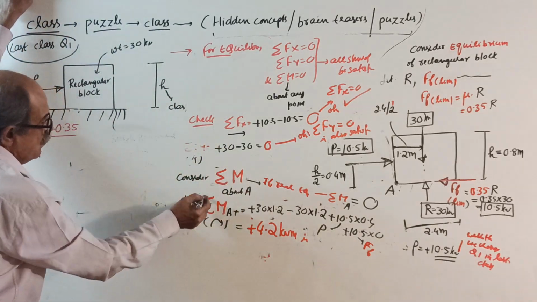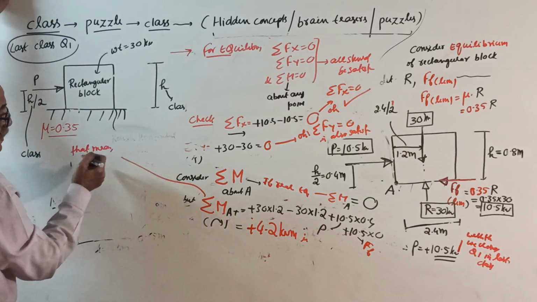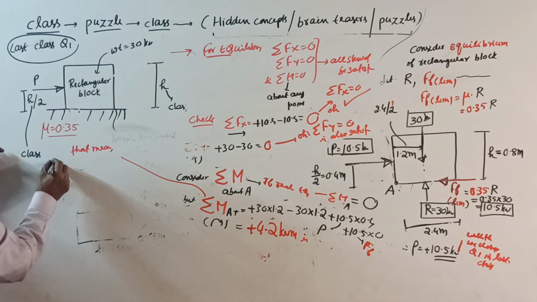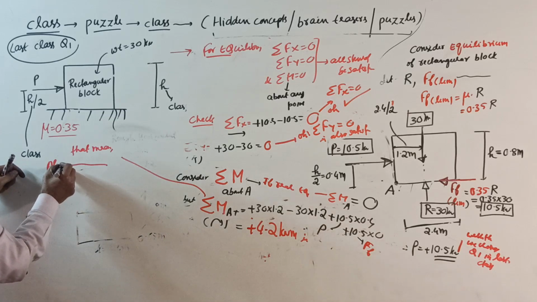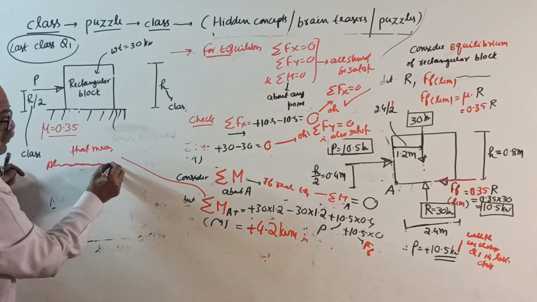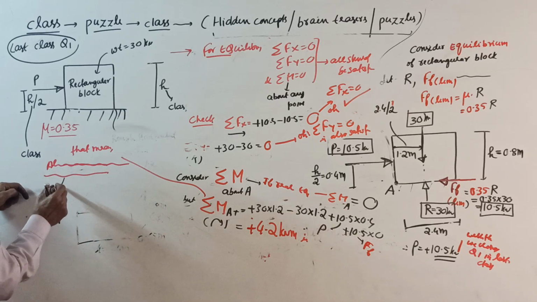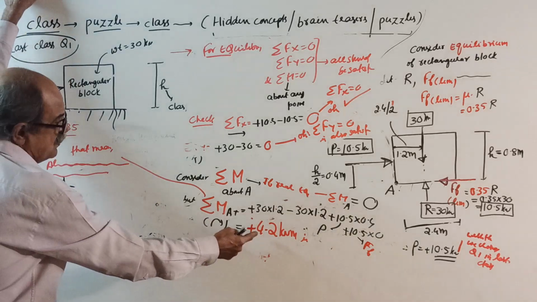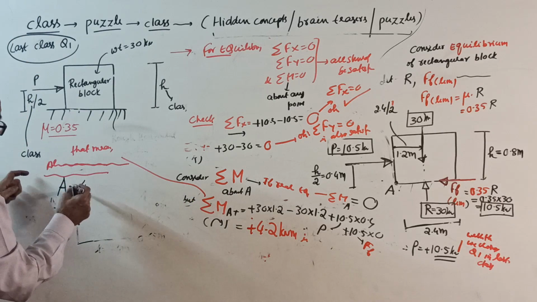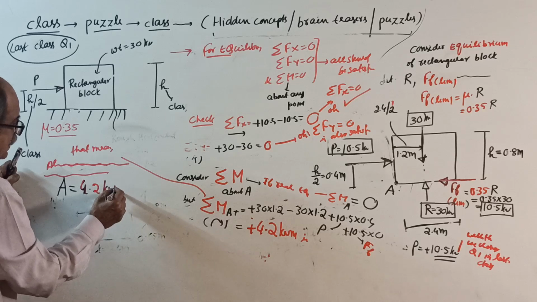That means the algebraic sum of moment of the entire force system about any point, we took point A, clockwise positive, is 4.2 kilonewton meter clockwise.